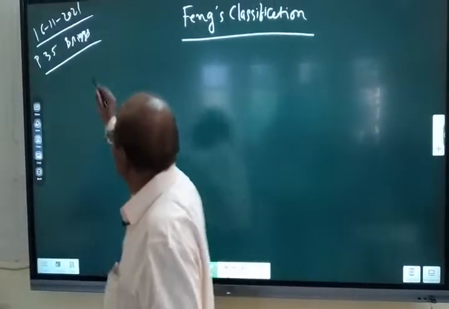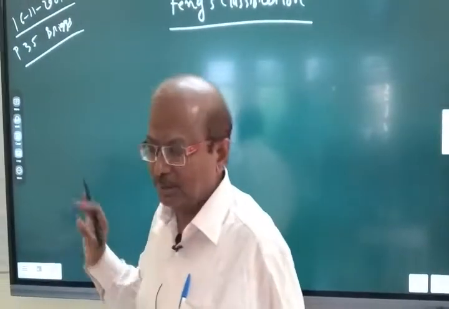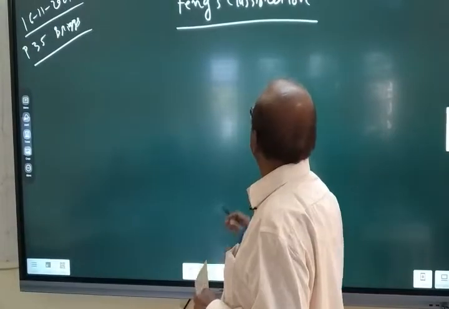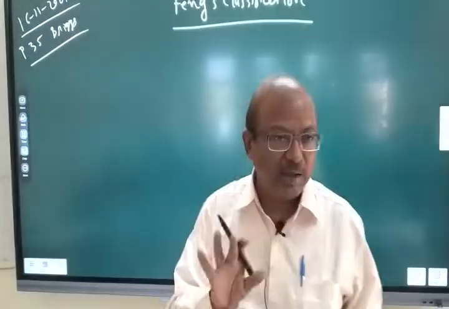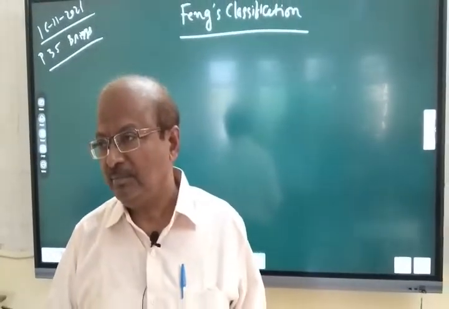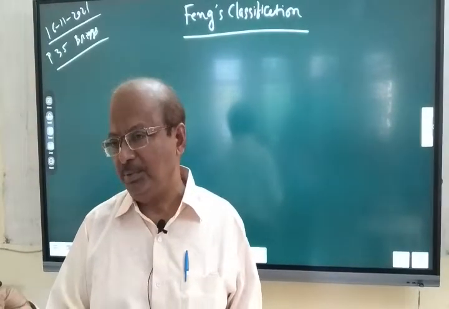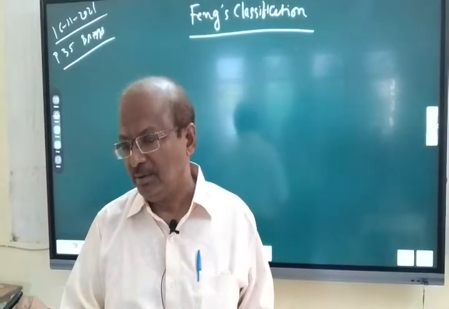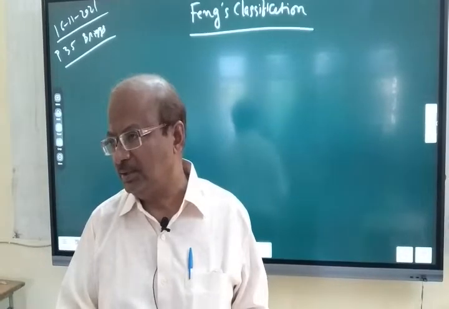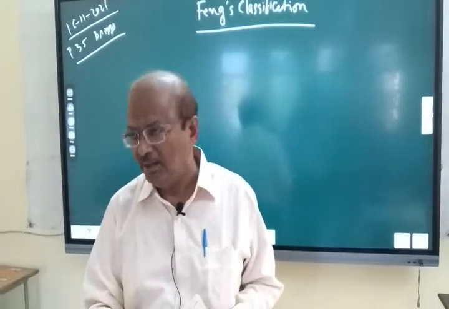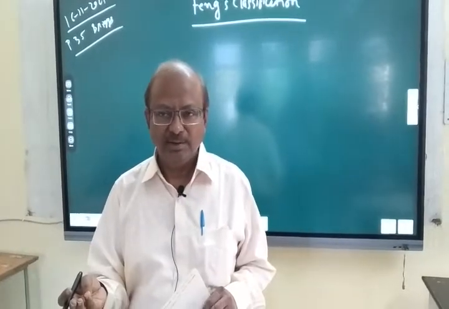So page 35 Briggs. From here I am taking this, and I have told that there are three classification schemes. First is Flynn's classification scheme. Second is Fink's classification scheme. Third is Handler's classification scheme.